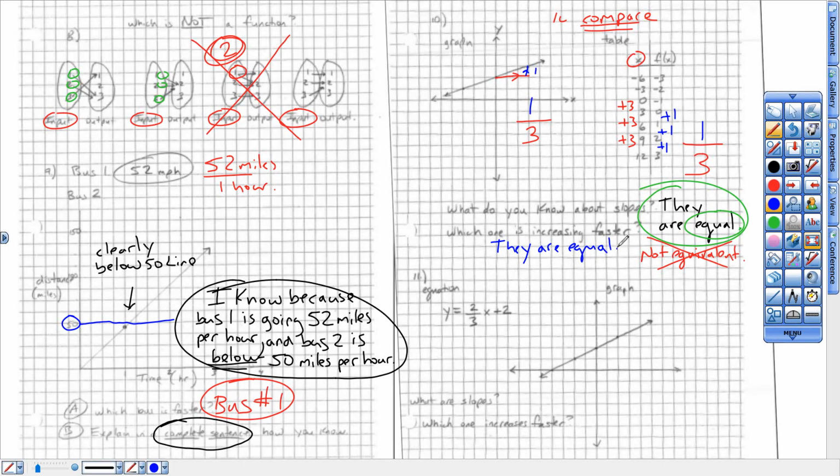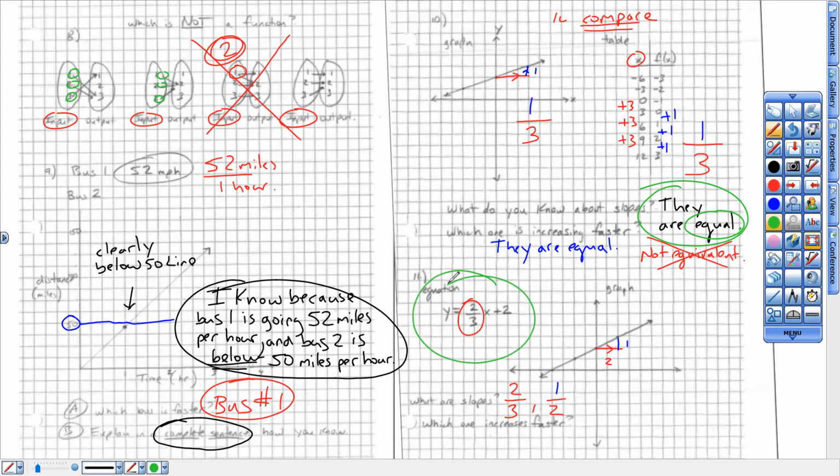All right, next one, slope. This guy, the slope is already given. What are the slopes? The first one is 2/3. What is the slope of the next one? If I go right, that looks like 2. And then next I'm going up 1. And I can see right there that this one is faster.